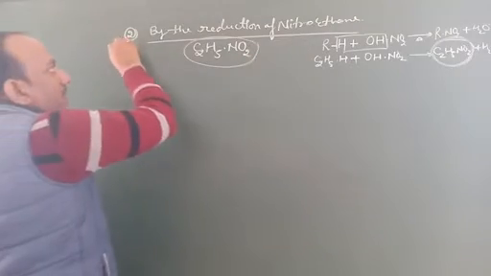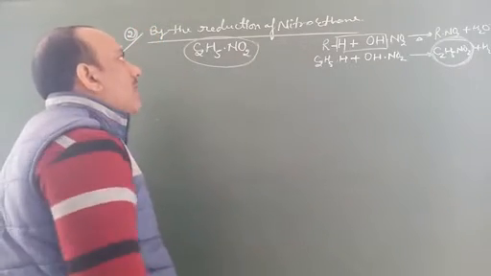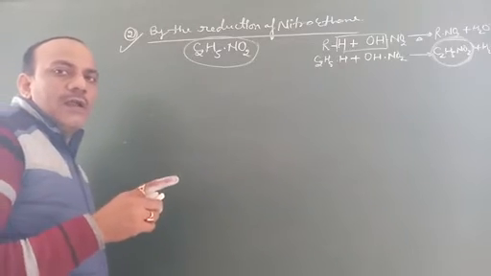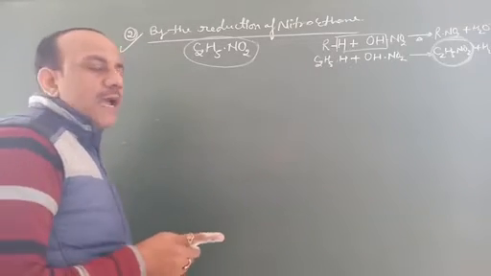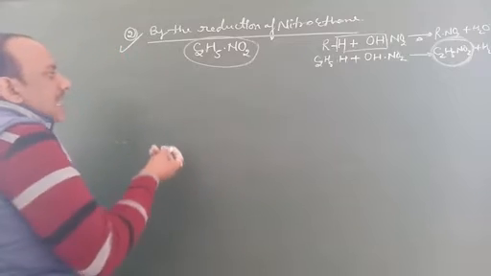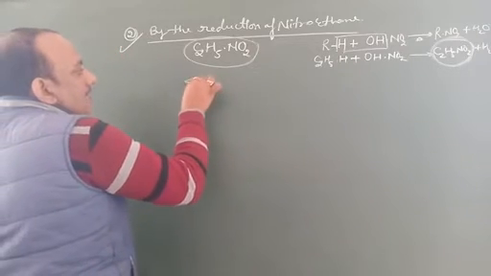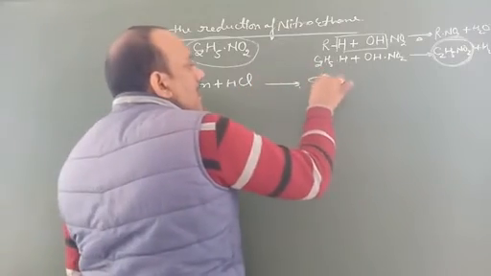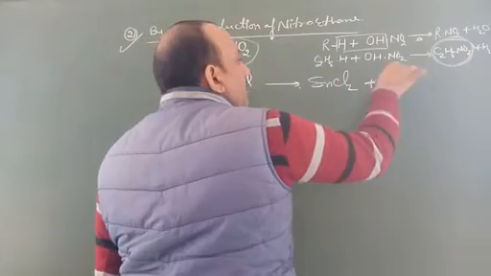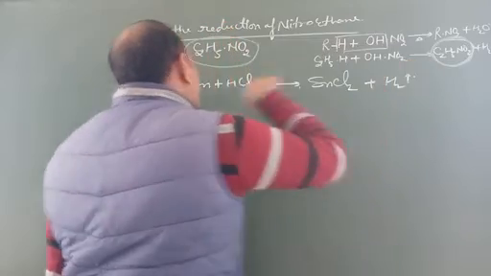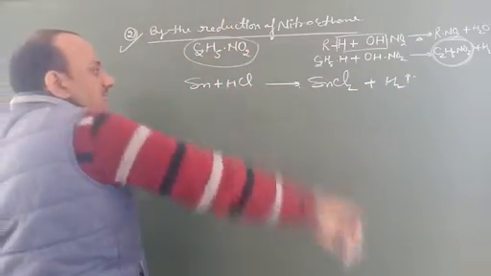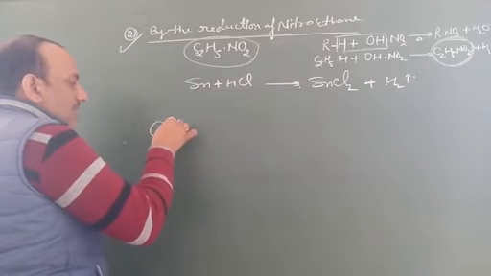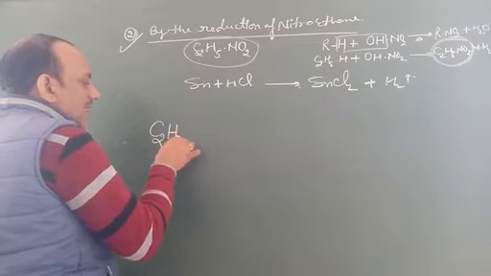So the method is named by the reduction of nitroethane. When nitroethane is reduced by the mixture of Sn and HCl, Sn plus HCl gives SnCl2 plus H2. It is the nascent hydrogen.